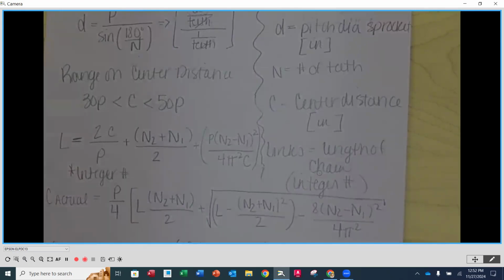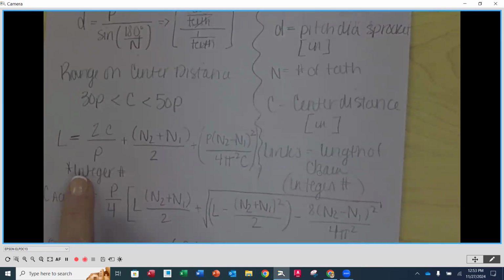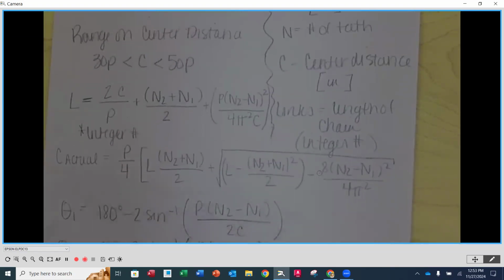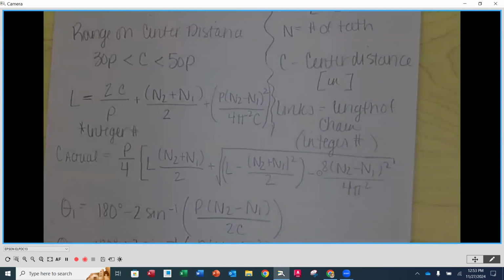Commercially available is literally pulling it off the roll and counting how many links are going through your fingers, okay? So that's going to be the length of the chain in links. And then you can get the actual length by multiplying by the pitch, right? If you wanted to.